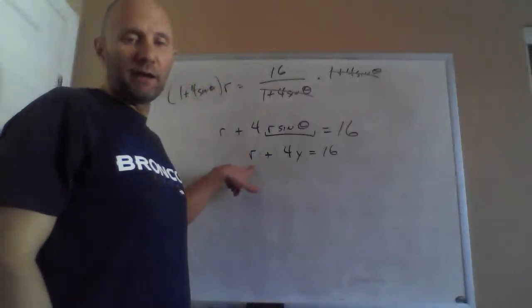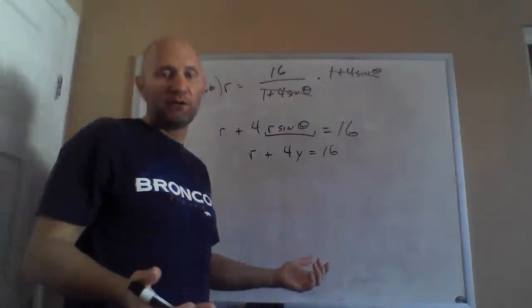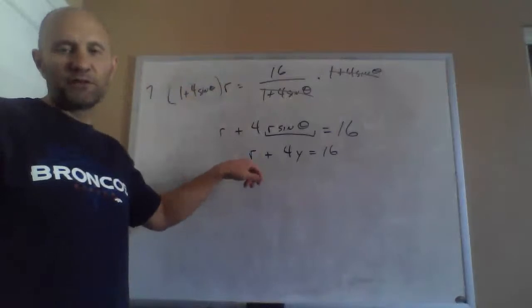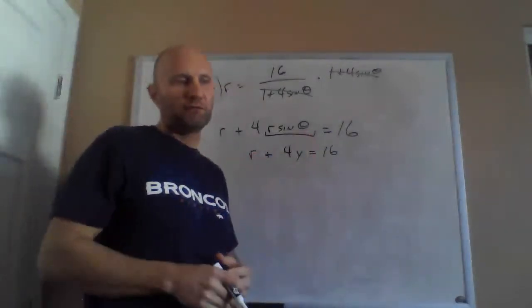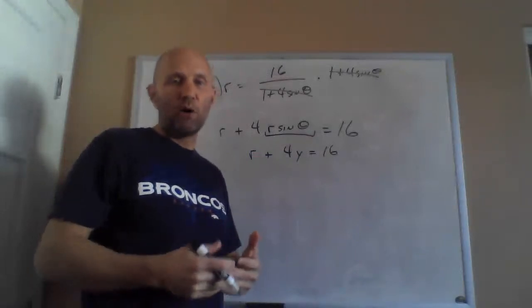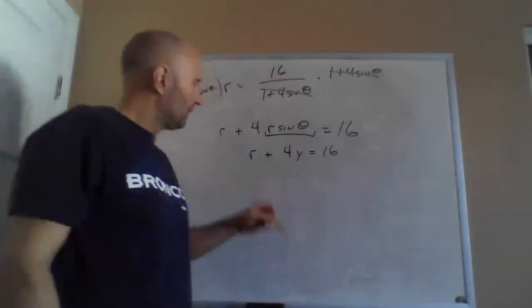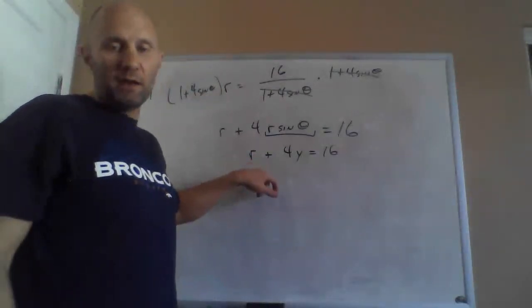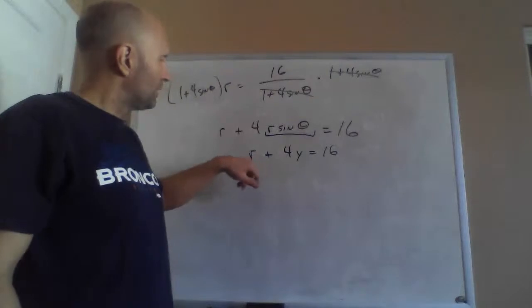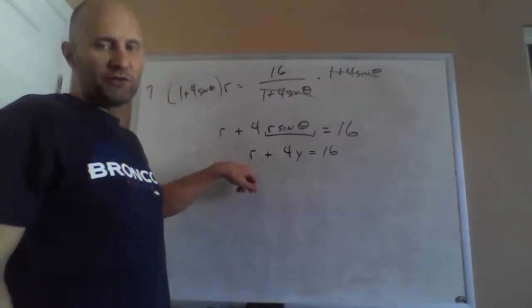Now, the only thing I have left here, as far as r's and thetas that I need to substitute, is this r. If we look at my different possibilities for substitution, I don't have an r. I have an r squared. So if I can get this to be an r squared, then I can make my last substitution. But here's the issue that I have.